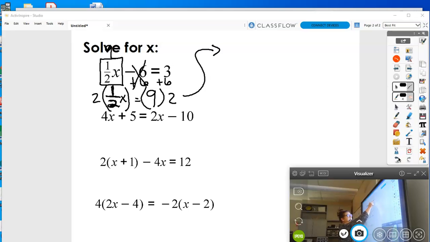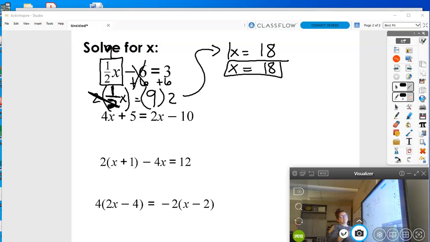So I'm going to pick up my work right over here. What happens is this divided by 2 right here and the times 2 cancel each other out. So I just have that 1x equals 18. Well, 1x is the same thing as x. If you wanted to divide by 1, you would end up with the same thing, that x equals 18. And we're done.